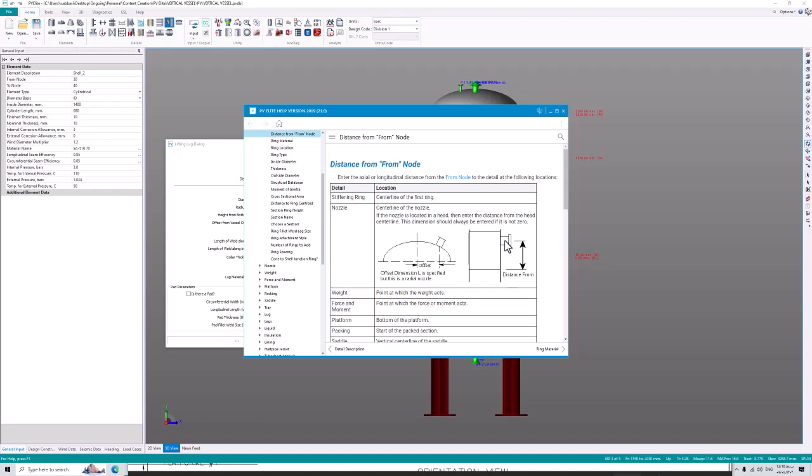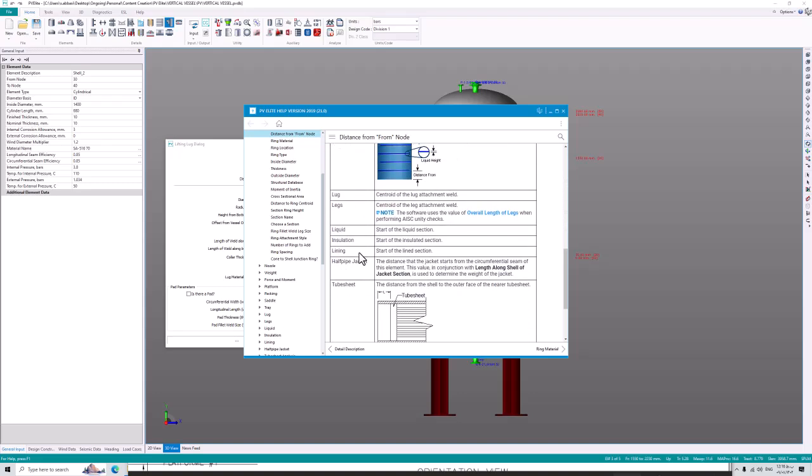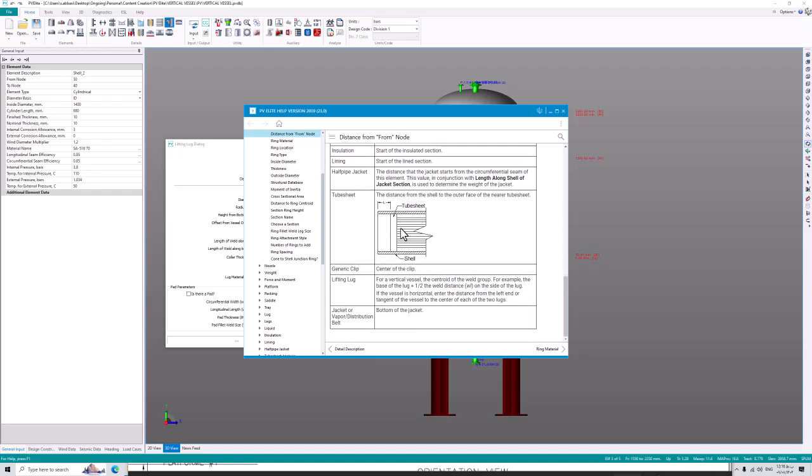For the distance from node, we have to see the PV Elite manual to see what it means for lifting lug. For a vertical vessel, the centroid of the weld group, for example, the base of the lug plus 1/2 the weld distance on the side of the lug.